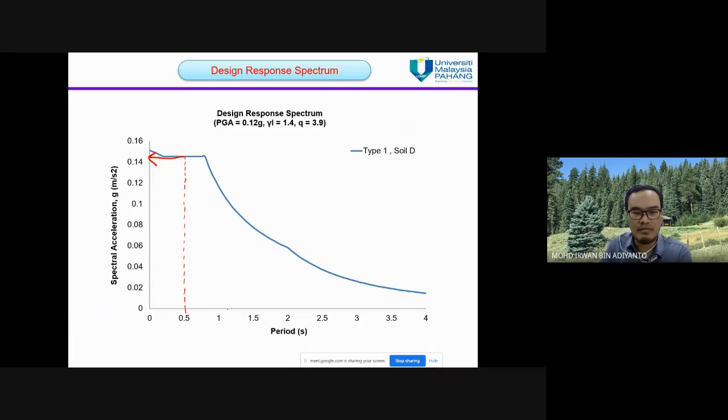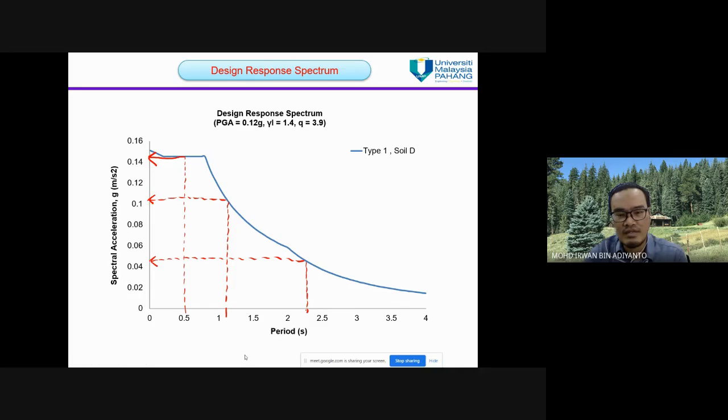Then at 1.1 second, exercise number 2, it becomes lower, which is here. And at 2.3 second, it becomes around here, which is 0.044.